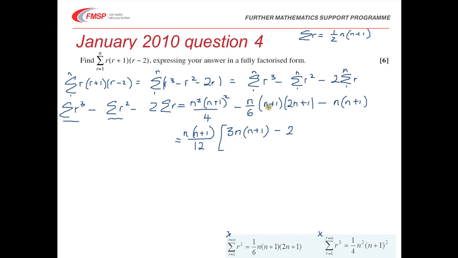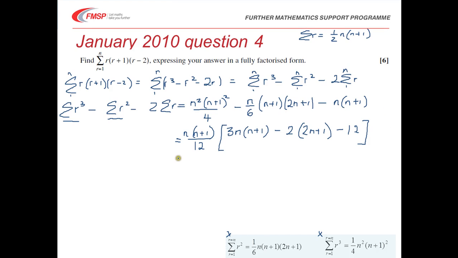The n and the n plus 1 we've already taken out, so that leaves us with a 2n plus 1. Then we need to be careful here. We've got n(n + 1), both taken out as common factors, but of course we've also taken out a 1/12, so we will need a minus 12 here. It's always worth checking at that stage that if you multiply out those brackets again, you get back to where you started.